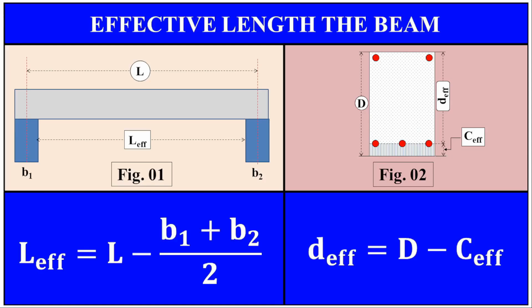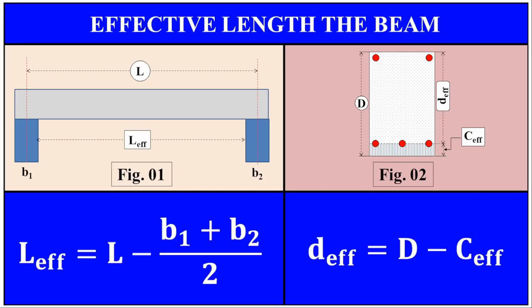In this slide, you are seeing the explanation of effective length that was presented in my previous video. Please note, this is not the exact explanation as per IS-456:2000, and it has since been updated.